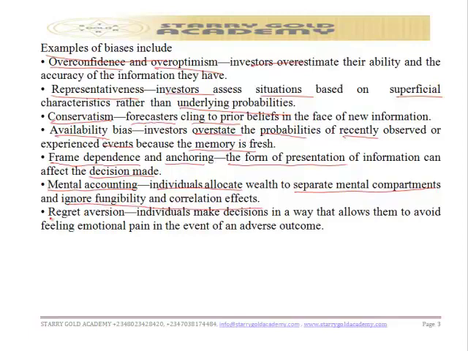And also we have regret aversion, which indicates that individuals make decisions in a way that allows them to avoid emotional pain in the event of an adverse outcome. So that is some of the examples. There are others we have under it.